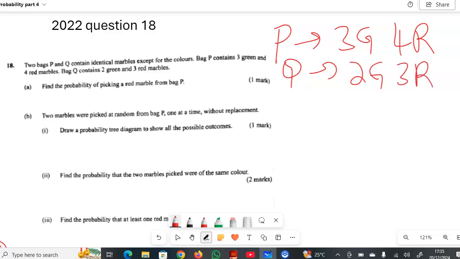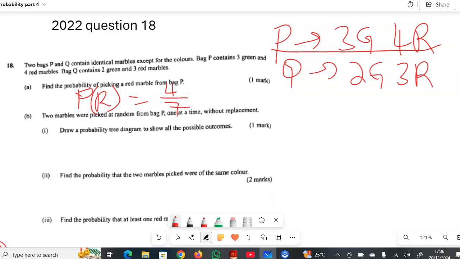And then you're told to find the probability of picking a red marble from bag P. So how many red do we have in P? There are 4 of them. So the probability of red will be 4 out of the 4 plus 3, 7. So that is just that simple, answering that.